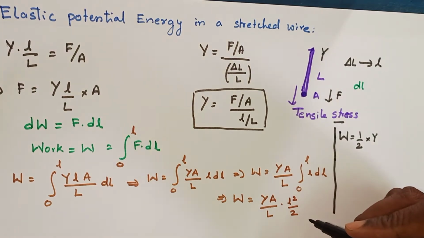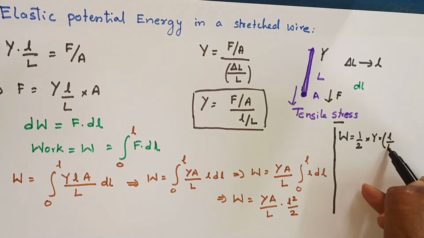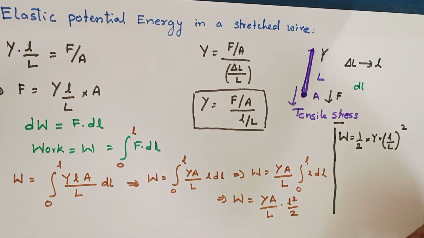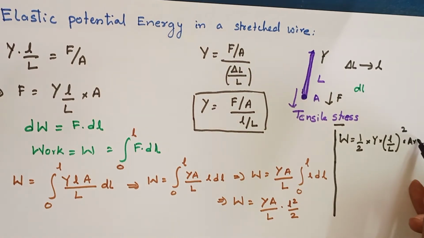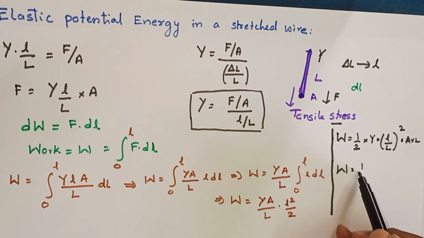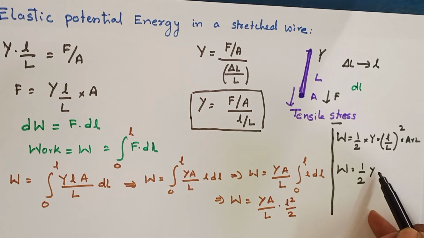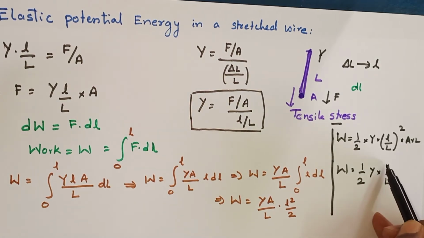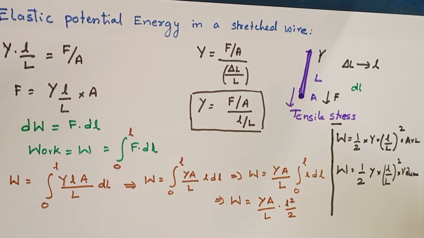And I am multiplying and dividing with the capital L, so that l by capital L whole square remains with A and L, right? So what you write actually, W is equal to half into Y into l by capital L squared into volume, right?